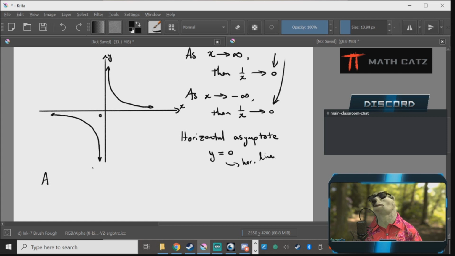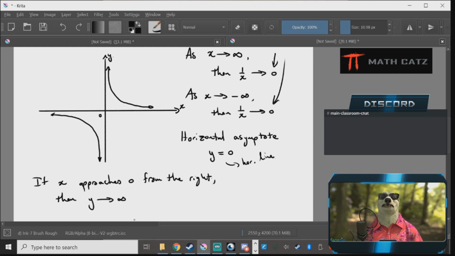Now, for now, I'm just going to write this in words, and we have to refine the mathematical language a little bit later. So I'll say if x approaches 0 from the right, then my y value approaches infinity.